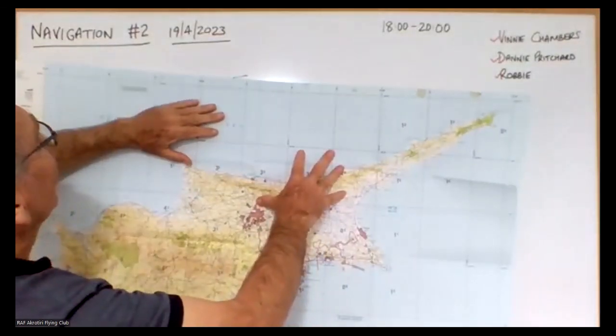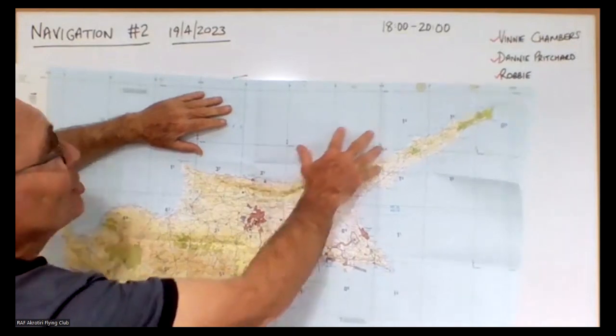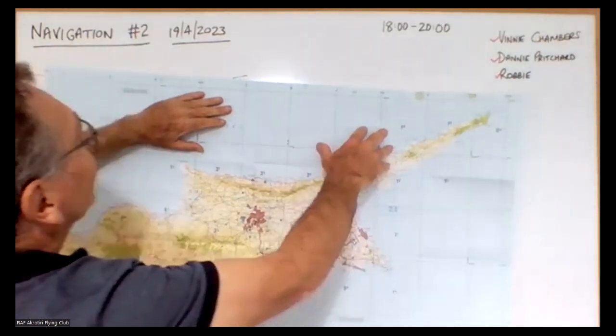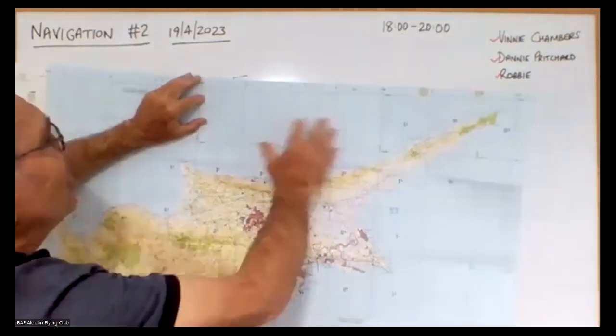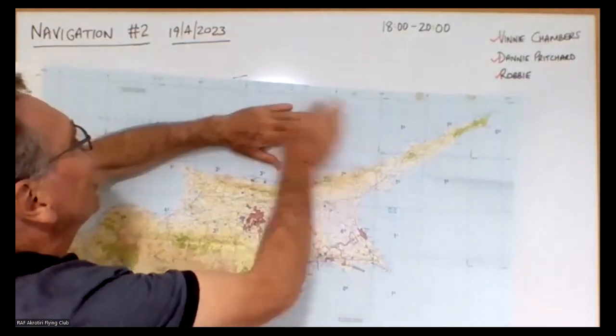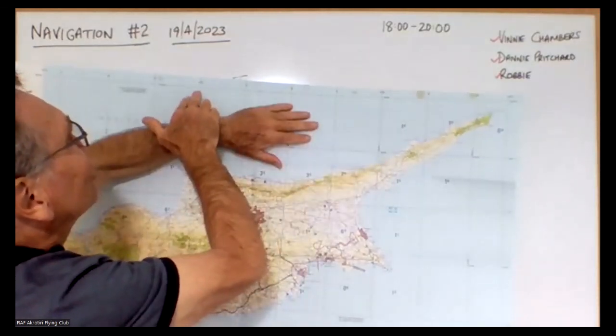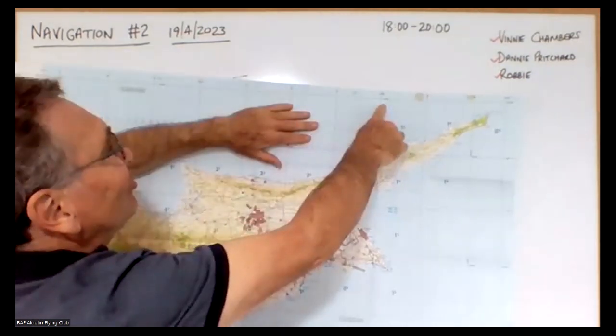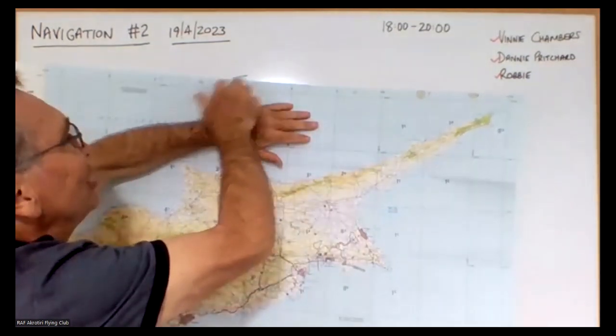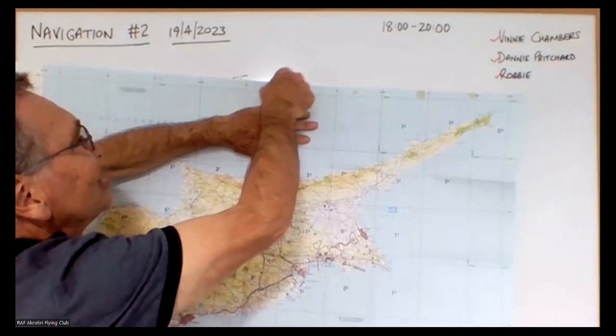And of course, the nice thing about Cyprus is that you'll see everything goes up in a nice sequence. So it goes 33 degrees, 34 degrees. That's 33 degrees, 15, 16.